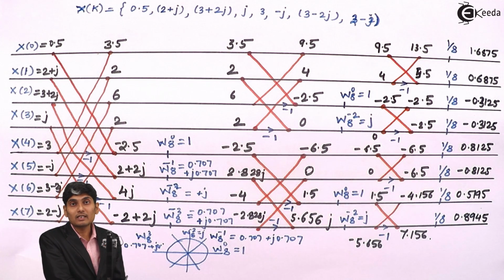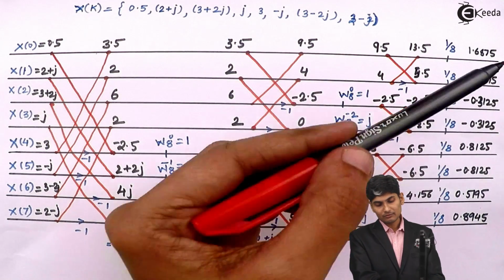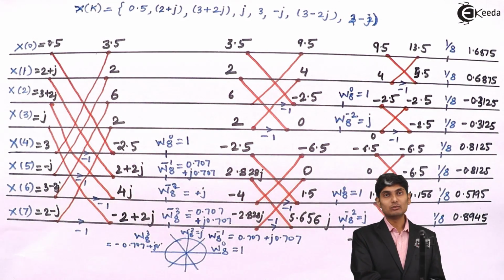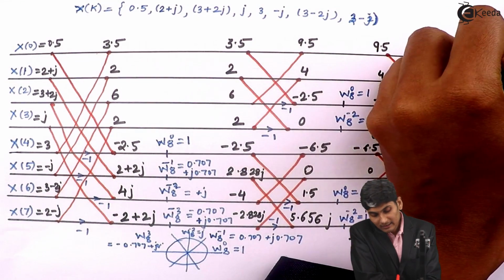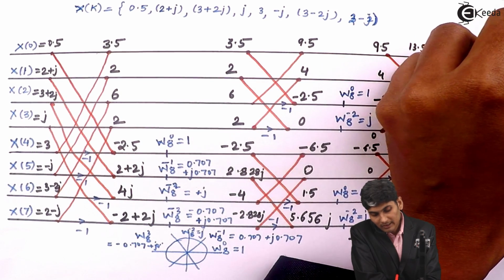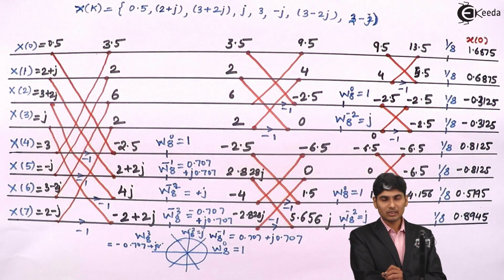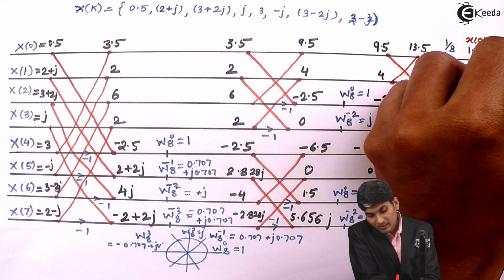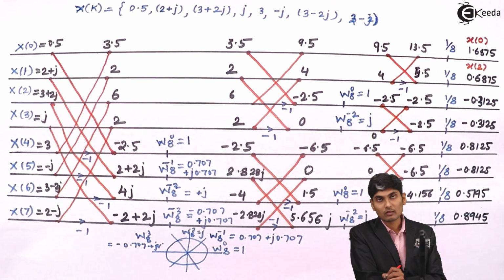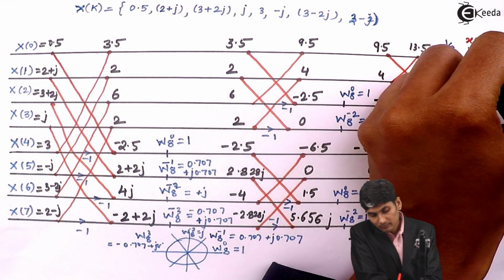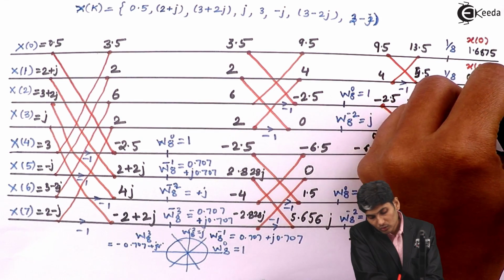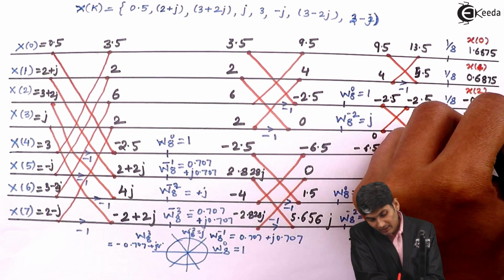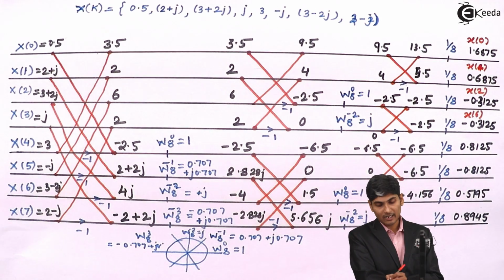But the output samples are not in order. Now, as we have received all the sample values, x of n in this case is not in order. That means the order is like this. I have the first sample as x of 0, which is as per the requirement. But the second sample is x of 4. Next is x of 2, and finally we have x of 6 over here on the even side.